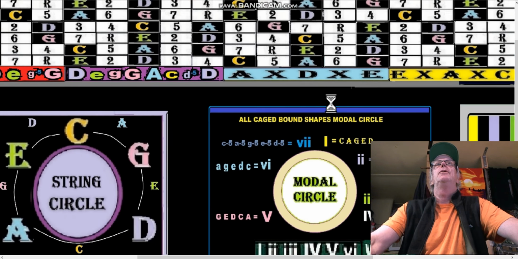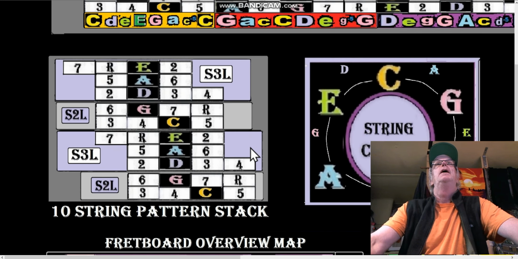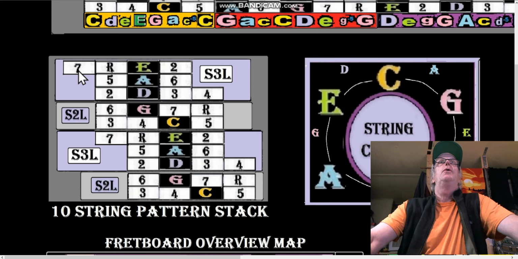But look at this. Look at that string circle. It's really big. Let's look at this pattern stack, and you can see that the pattern moves over 1 fret every 5 strings. So how does that work, that we had the same string pattern on top and bottom?